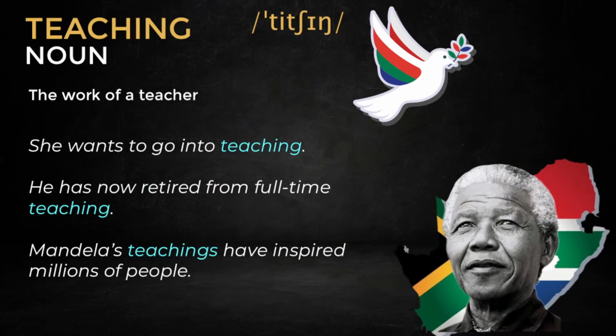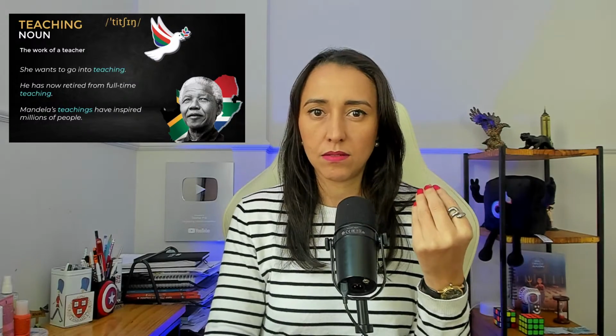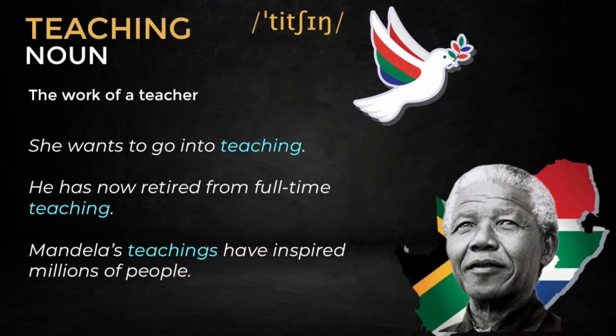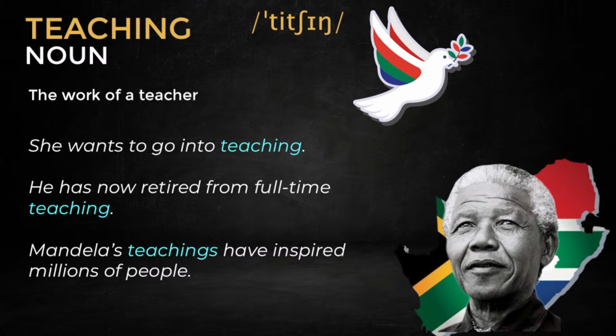So look at the examples. She wants to go into teaching, the profession, the work, the concept, okay? Another example: he has now retired from full-time teaching. This could be more like a verb, but it could also be the noun, okay? It depends on the interpretation. And this one, I like this one very much. Mandela's teachings have inspired millions of people. You may like him, you may not like him, but I do believe that his teachings, the lessons, in this case, the lessons he taught.